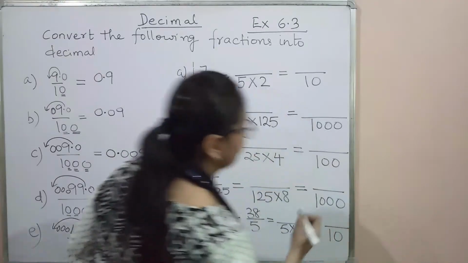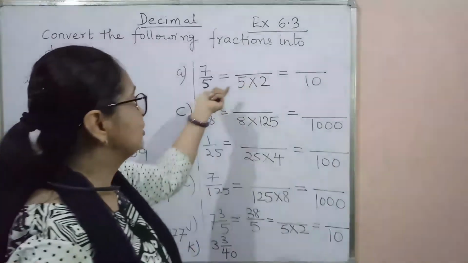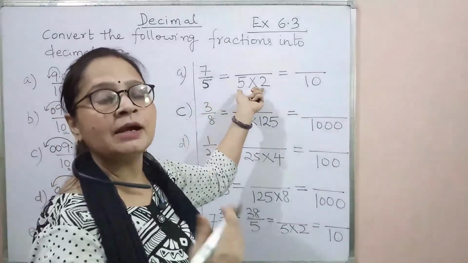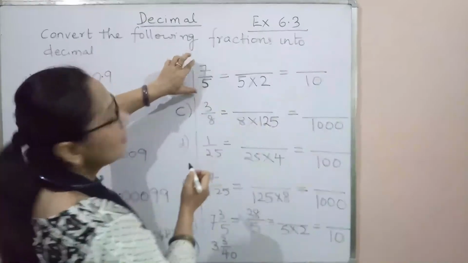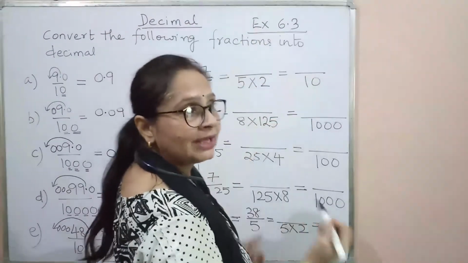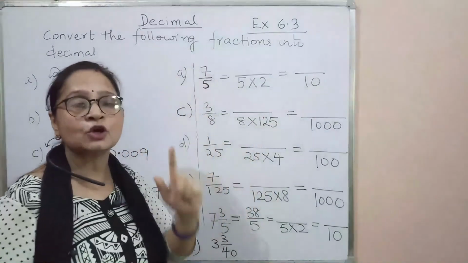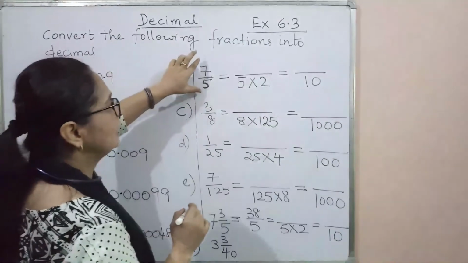So it becomes 10 here. Now, are we allowed to multiply just the denominator by any number, whichever we wish? It's not allowed. So what we have to do is write 7 by 5 in another way, and we can write it in another way using the concept of equivalent fraction. And what is equivalent fraction?